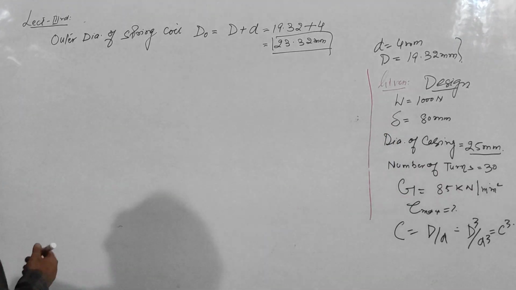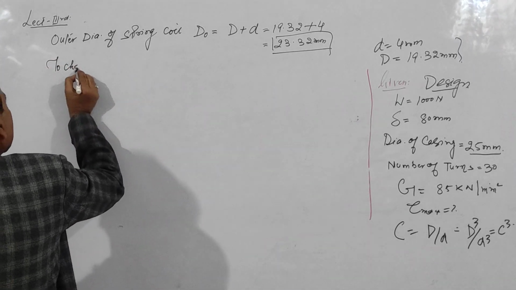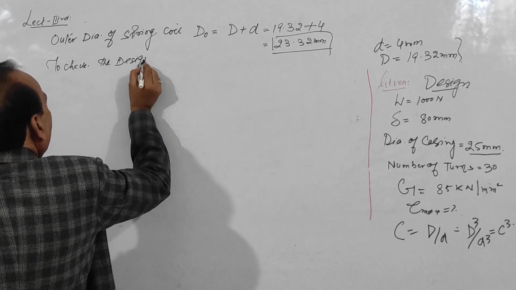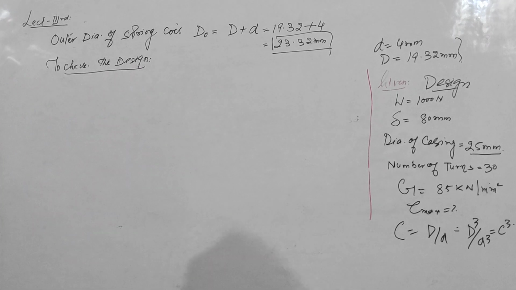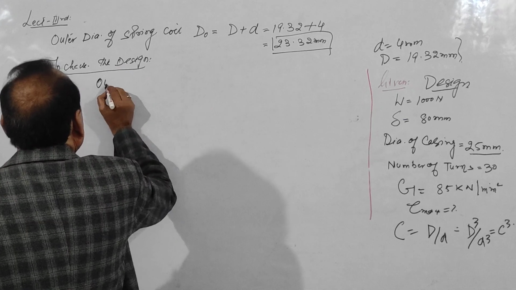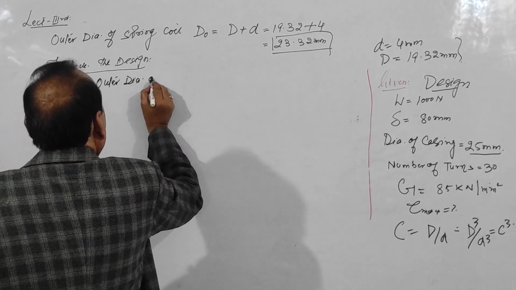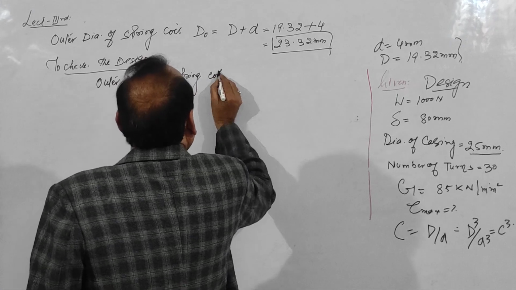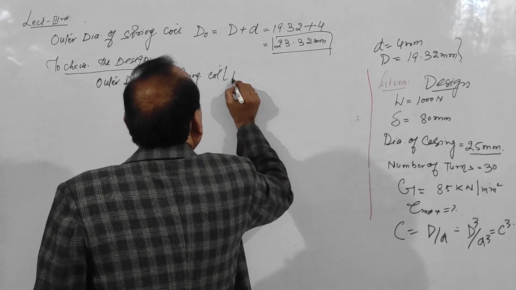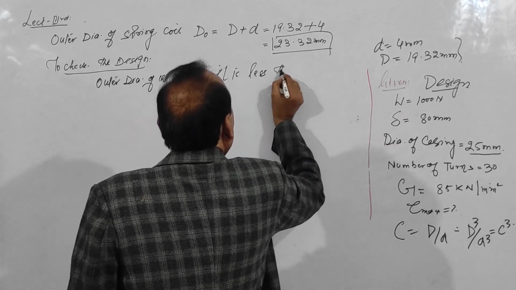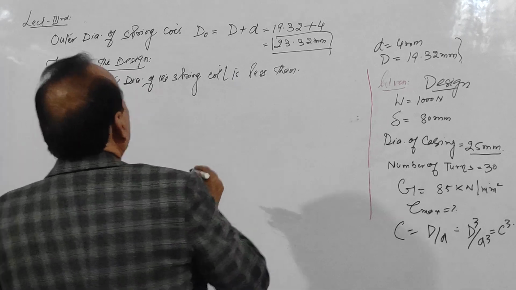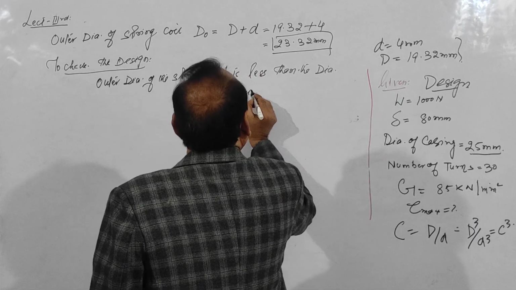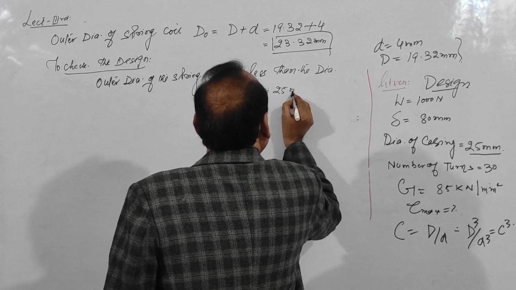तो इसका मतलब है टू चेक द डिजाइन, to check the design of the spring, यही कर रहे थे ना. तो आप कह सकते हैं outer dia of the spring coil is less than the dia of casing, that is 25 mm. यही था.